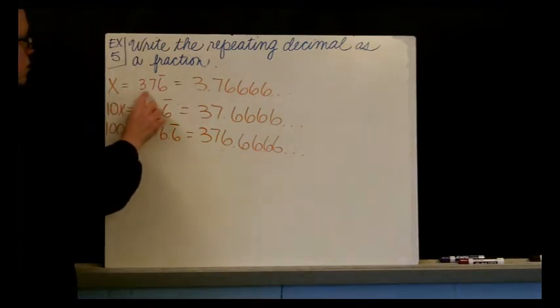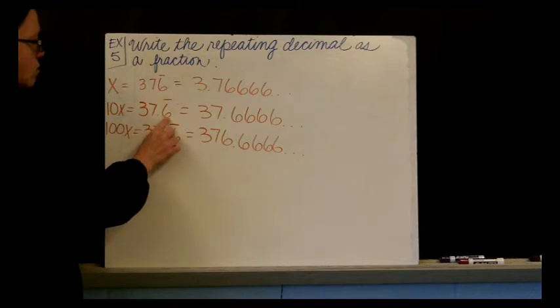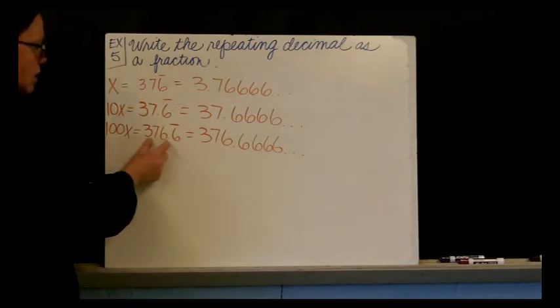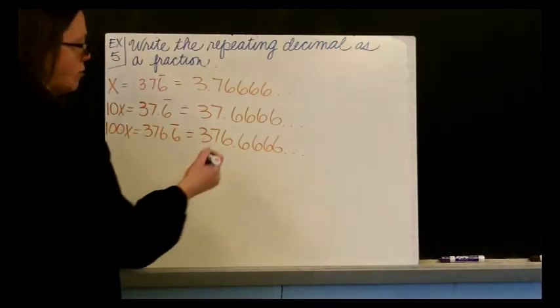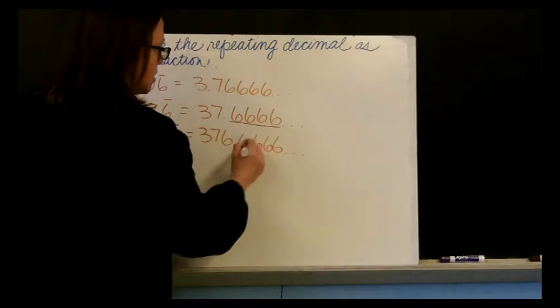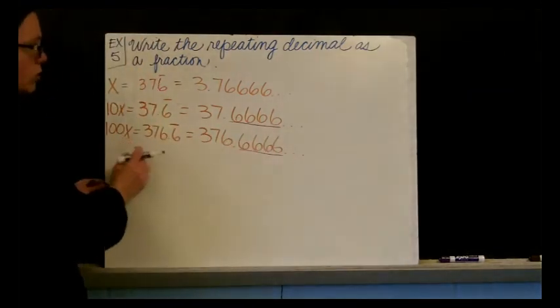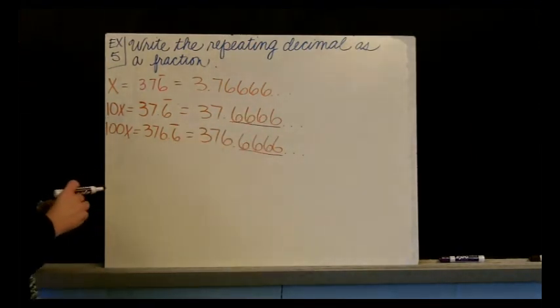So if x equals 3.76 repeated, 10x is 37.6 repeated. And the reason we took it another step, we multiplied and found out what 100x is, is because we needed two numbers that have the same exact digits after the decimal. We had to multiply by 100 in order to get 0.666 repeated in both of these numbers.